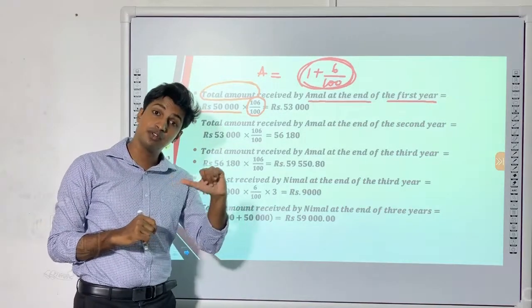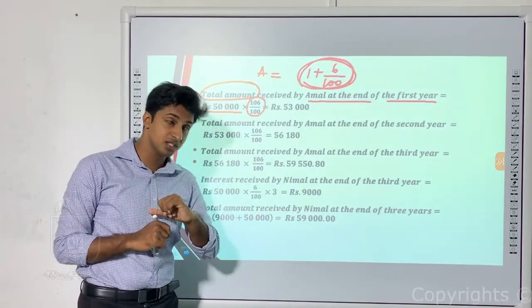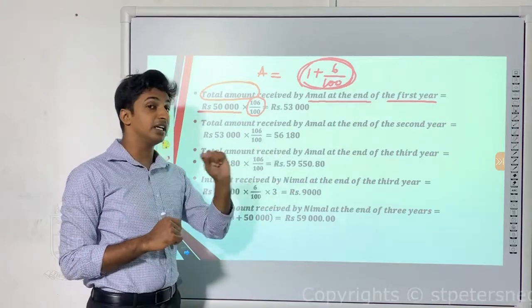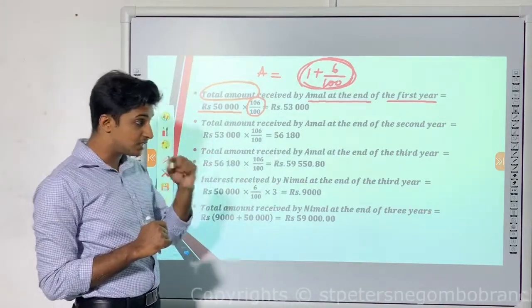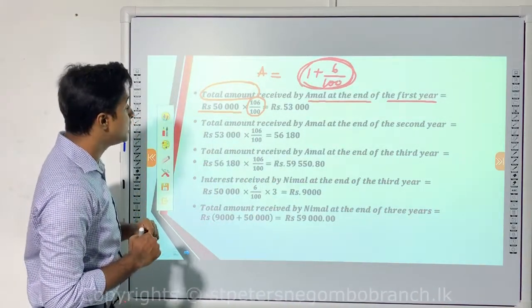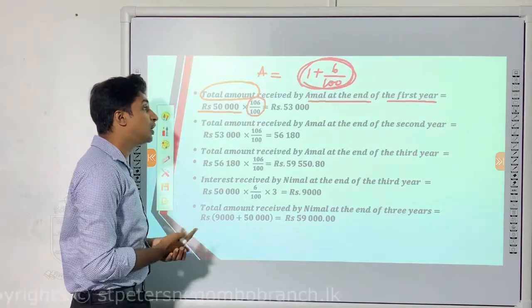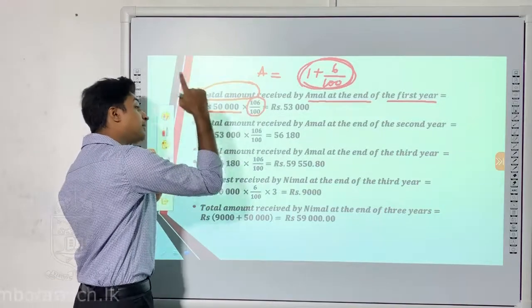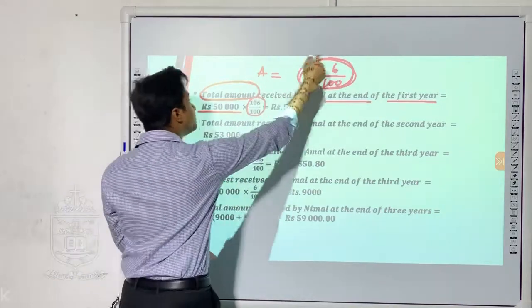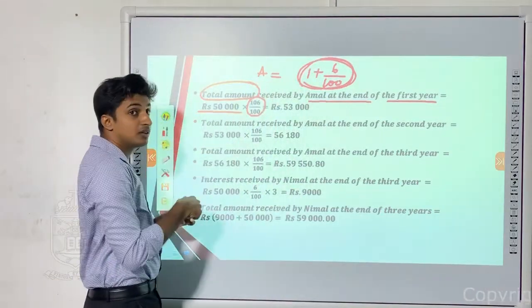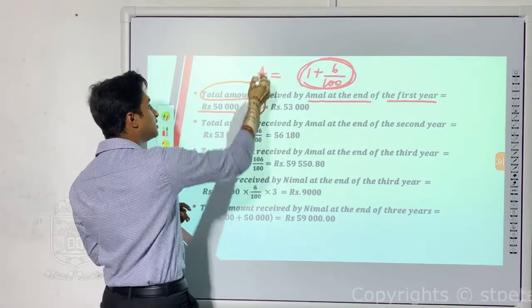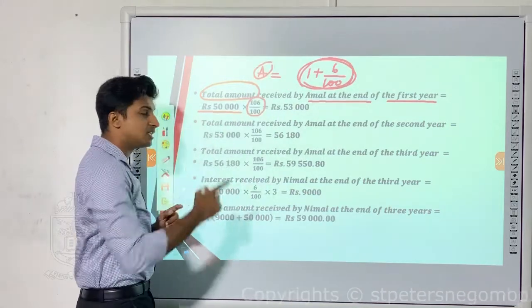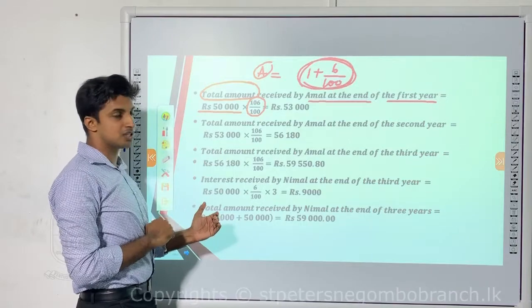In the previous question, we found the interest for the first year first. Here we are finding the total amount for the first year, first of all. Then the total amount received by Amal at the end of the first year is the principal amount into the percentage. But when you take the percentage, I told you in compound interest, you have to add 1 to the given percentage if you are calculating the total amount as it is, without using the interest first.